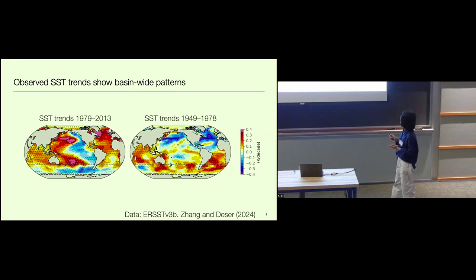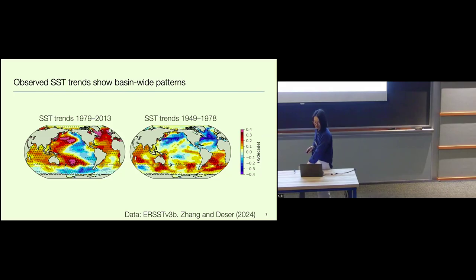Mainly here we have a meridional gradient in SSTs, with cooling in the northern hemisphere and more warming in the southern hemisphere. In the Southern Ocean in particular, there are some patterns, but overall we see a pretty broad warming in this period.